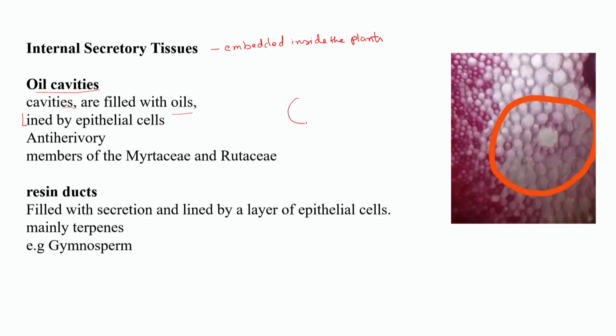These epithelial cells produce the oil and store it in these cavities. These oils are very important to provide protection against herbivory attacks, so they have an anti-herbivory nature.